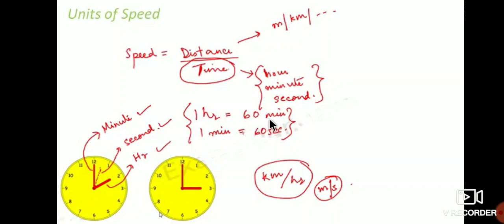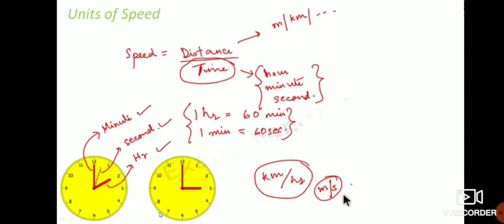See here, 1 hour is equal to 60 minutes and 1 minute is equal to 60 seconds. So if the problem is given to calculate in kilometer per hour, you should take kilometer per hour, but generally we should maintain SI units, that is the international system. So distance is in meters and time is in seconds. So we should keep either kilometer per hour or meter per second.